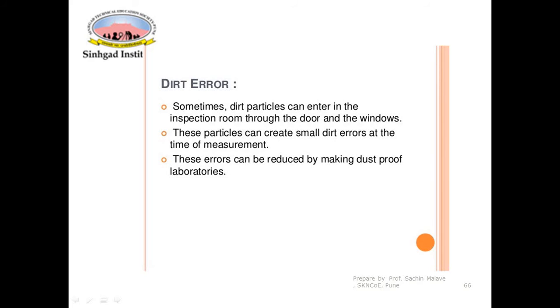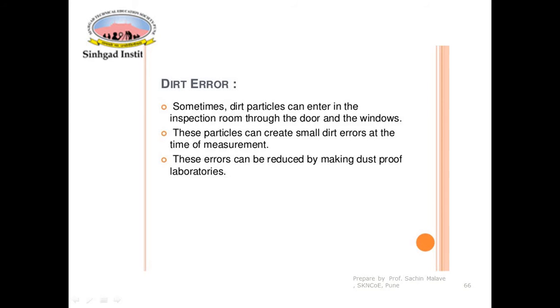Then the next type of error is a dirt error. Dirt particles can sometimes enter the inspection room through the doors and windows. So it is obvious that these particles can create small dirt errors at the time of measurement.